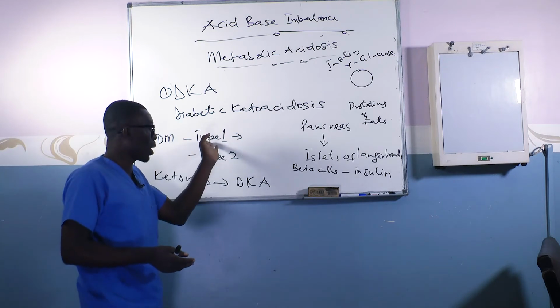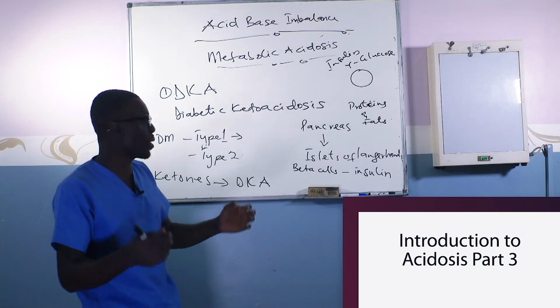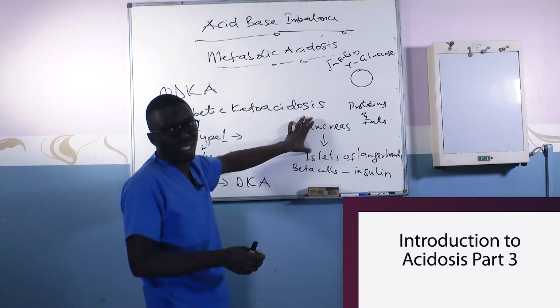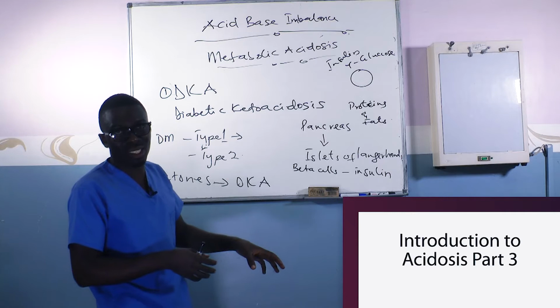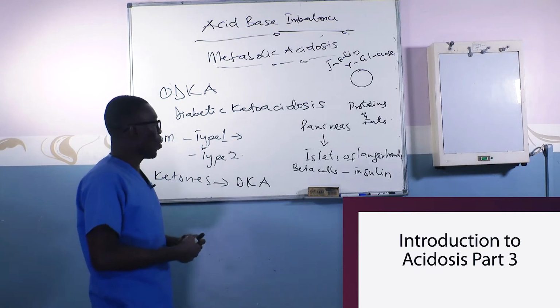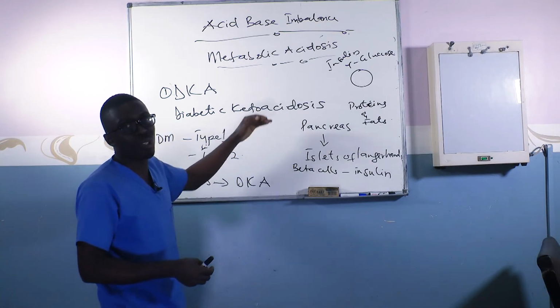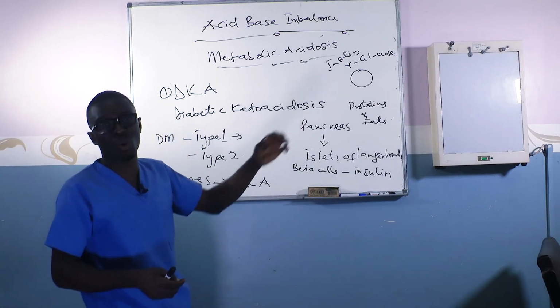Okay, but type 1 occurs when there is usually a viral infection or an infection that has affected the pancreas at a younger stage. So that's why we call it what? Juvenile diabetes, or insulin dependent diabetes, because with type 1, the person has to depend on insulin for the rest of his or her life.